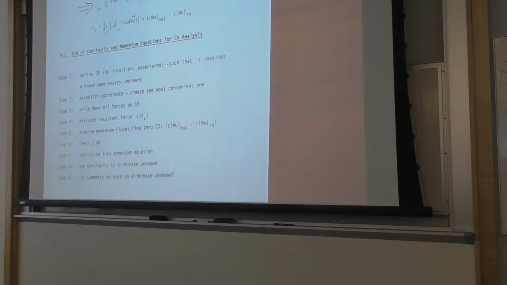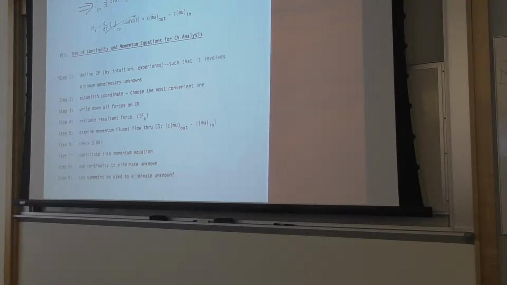Then step 7 is easy. Now you're done with being an engineer. The rest is accounting. Right, now you put it back in the equation. And step 8 is the one I keep emphasizing you may forget to use, which is continuity. It allows you to eliminate usually a velocity.